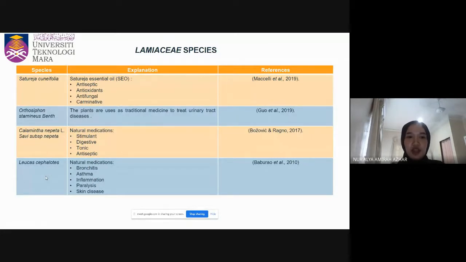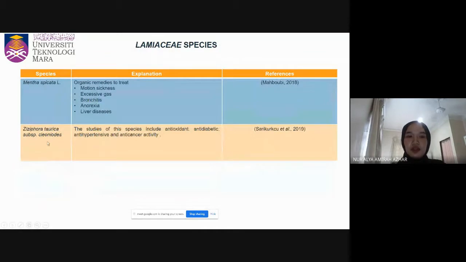For example, Orthosiphon stamineus, the plant is used to treat urinary tract disease, for example kidney stones, and Leucocephalos is used for treating many diseases such as asthma, inflammation, paralysis, and even skin disease. The last 2 species that I am going to review are Mentha spicata L and Ziziphora taurica subsp. cleonioides. For Ziziphora taurica, the studies for this species include antioxidant, antihypertensive, anti-cancer, and even antidiabetic properties itself.